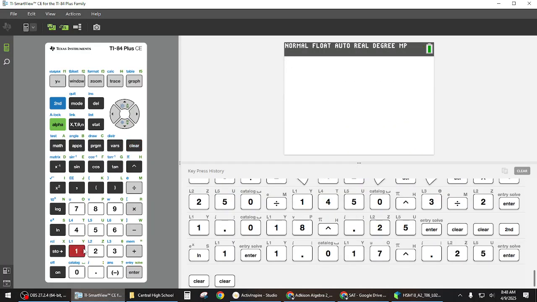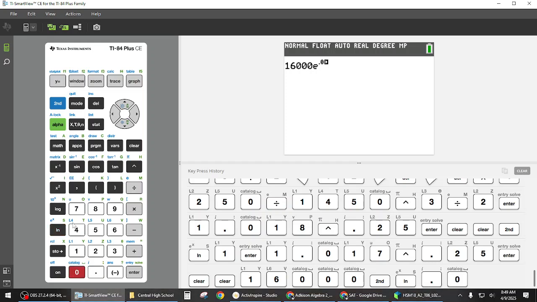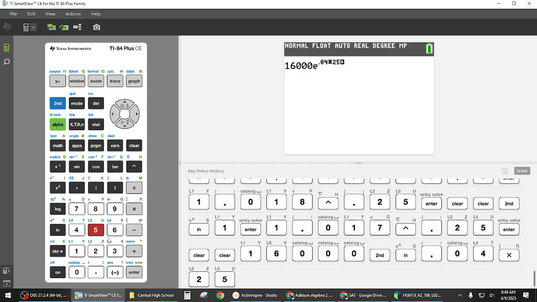Also, you can just use the E to the X button, the blue button above the natural log button. And then 0.04 times 25 just goes up there in the exponent. And we get 43,492.51. Right?